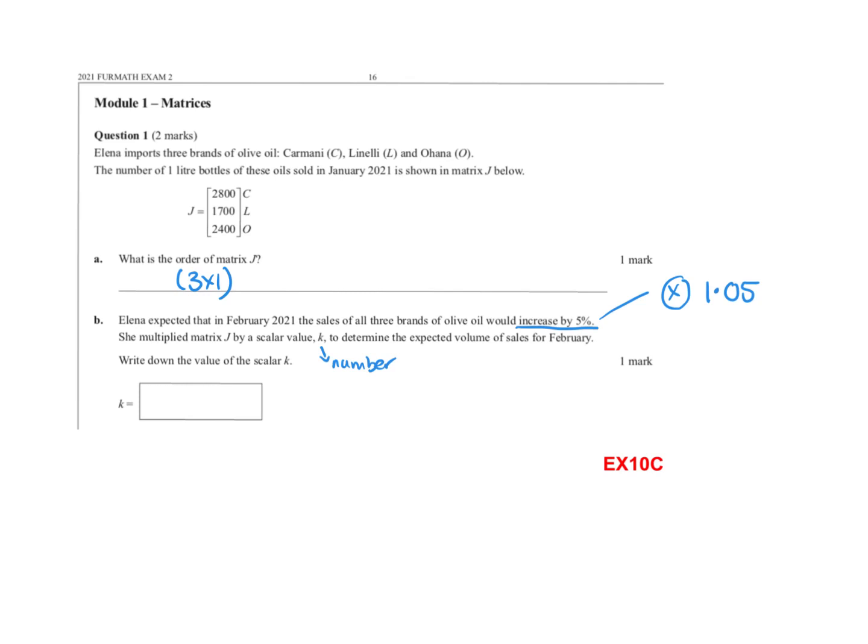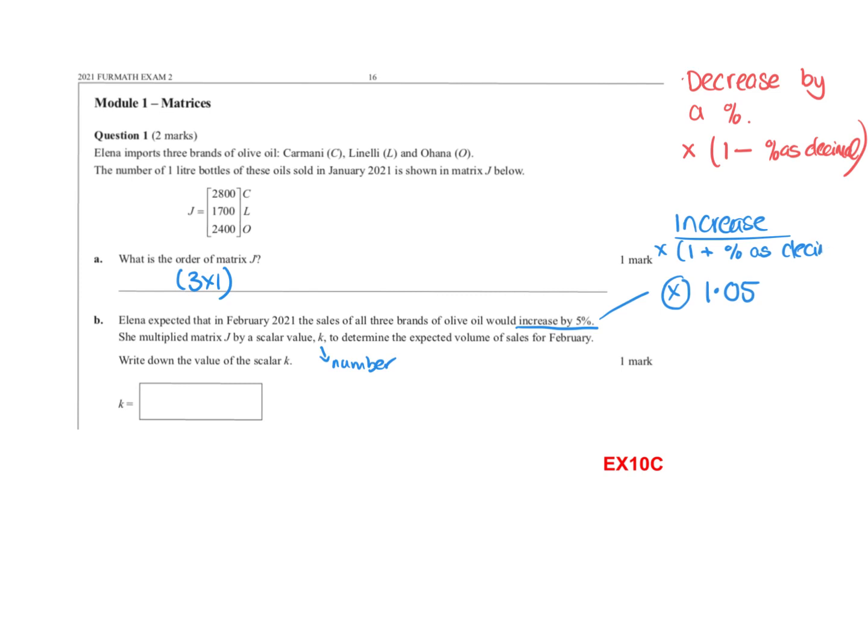Yeah, so if you want to write a little note there, if you decrease by a percentage, you're multiplying by 1 minus the percentage as a decimal, and if we increase, we're going to multiply by 1 plus the percentage as a decimal. Okay, so the K value is just what we're going to multiply by, so that's what they actually want there, 1.05. Okay.